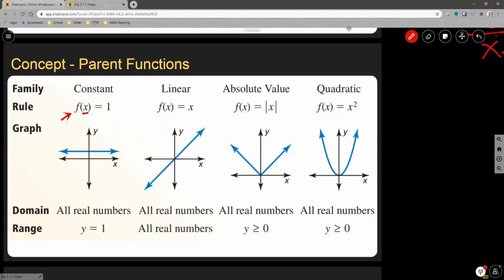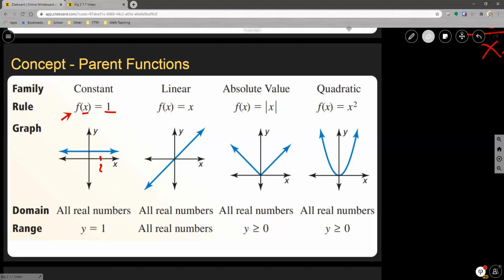So if I've got a function f with an input of x, f of x, if it's a constant function, the output on the other side of the equation is just going to be a constant value, just a number value. So what that's saying is, for this constant function, no matter what x value I put in, my y value, my output value, is going to be 1. So if I plug in, let's say a 2, I'm going to zoom in on this.